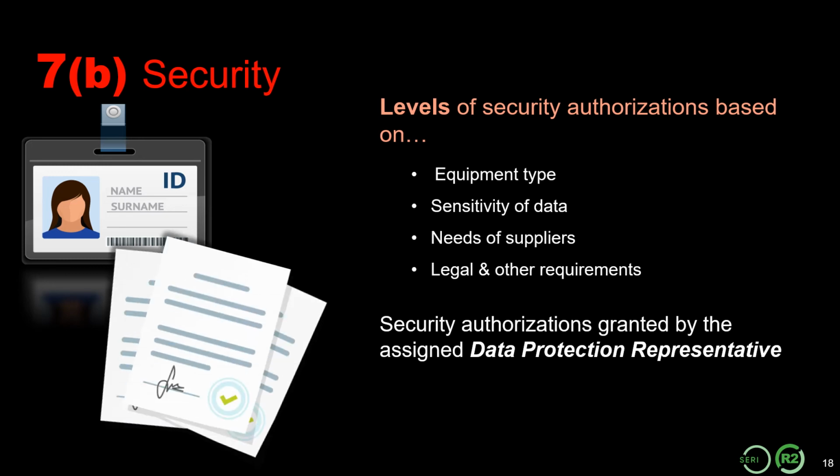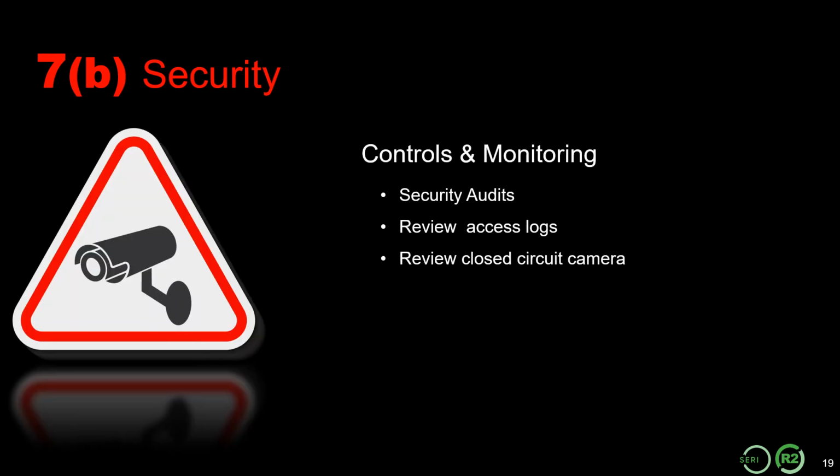All individuals granted a security authorization must sign an acknowledgement of their responsibility to prevent disclosure of data, report any theft of data or data breaches, and to disclose any incidents that may change an individual's security authorization level. The R2 facility must maintain signed acknowledgments from all individuals who have been granted a security authorization.